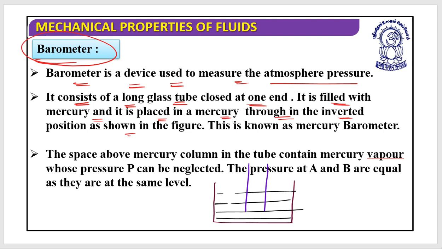So the space above the mercury column, it will look like this, it has been filled up to this. The space above the mercury column in the tube contains mercury vapor, whose pressure P can be neglected, and the pressures at A and B are equal. Look at this, this is A, this is B, which are at the same level. This is how a barometer works.